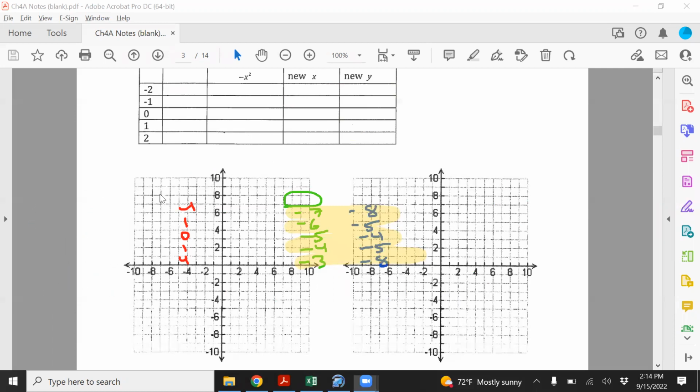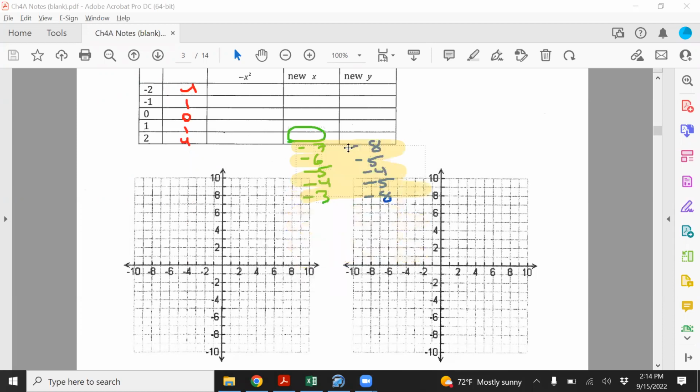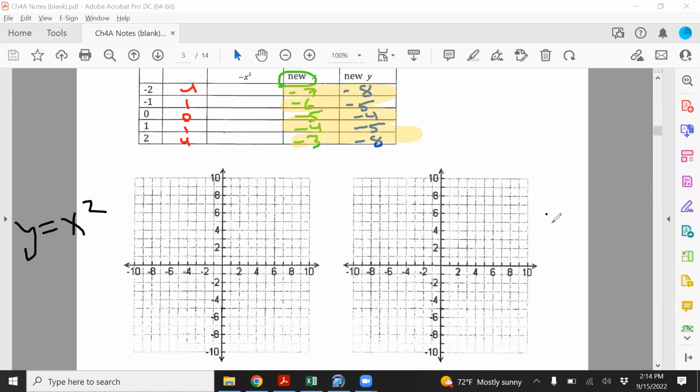Okay, let's do this again. So much better. Okay, so let's plot this. This will be y equals x squared over here. This will be y equals negative x. I need more space.